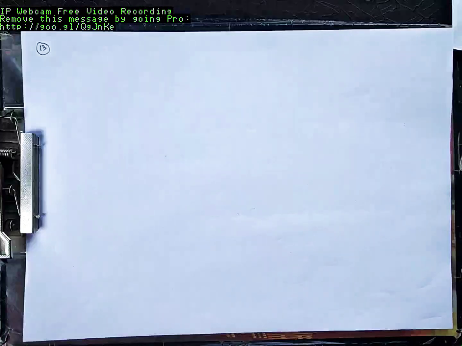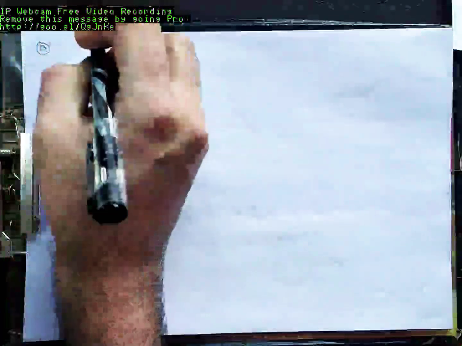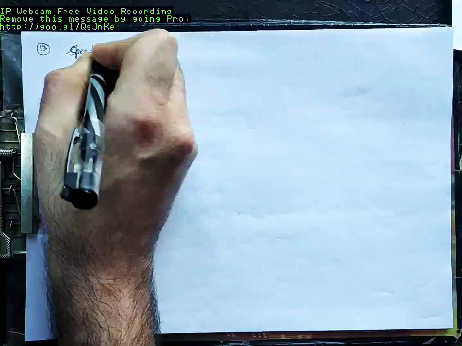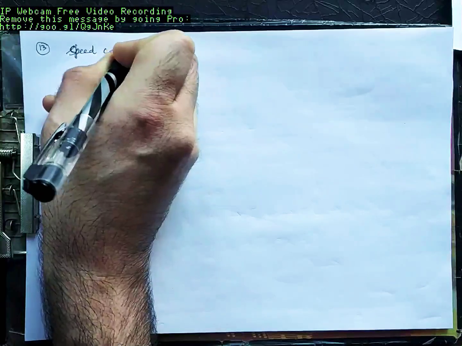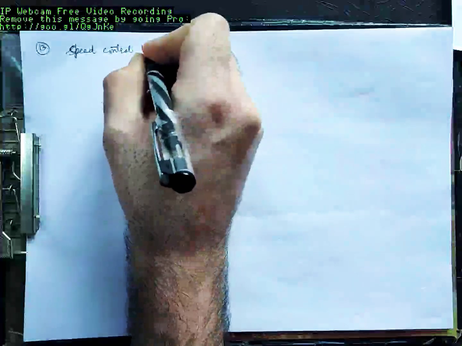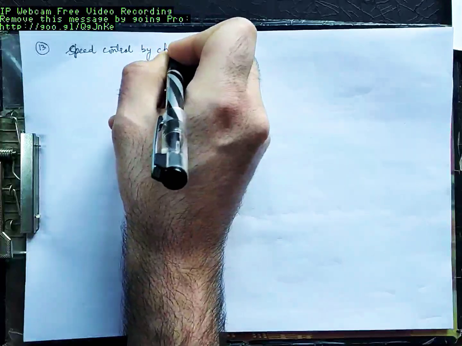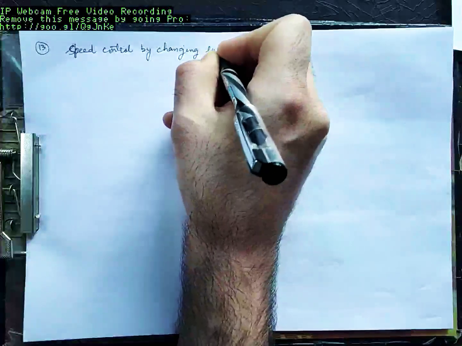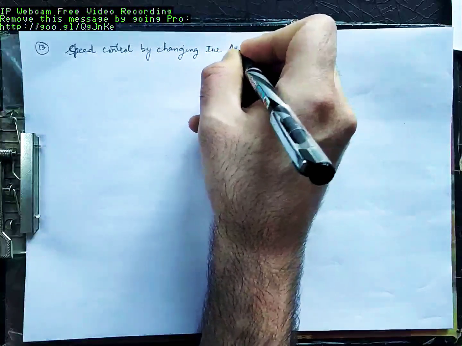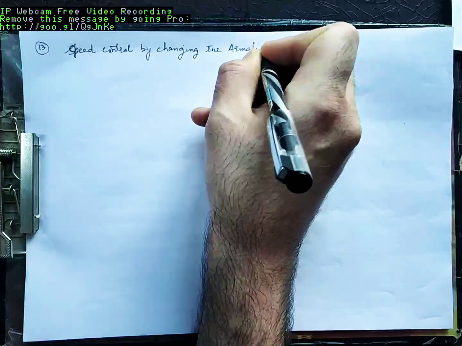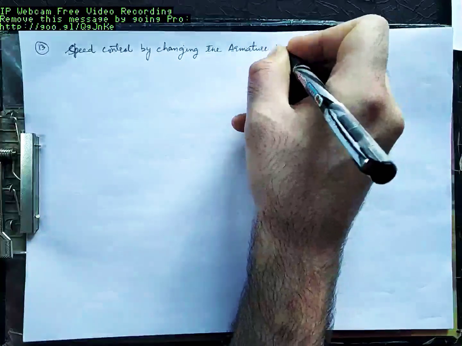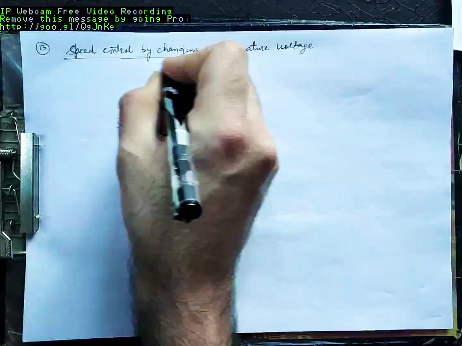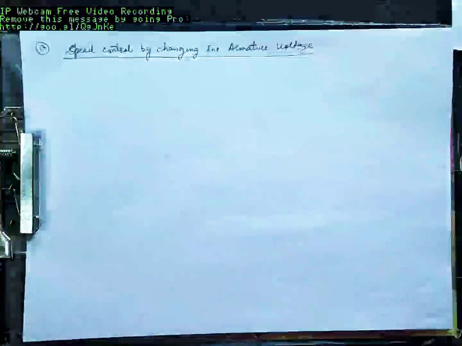Now the second method is speed control by changing the armature voltage.